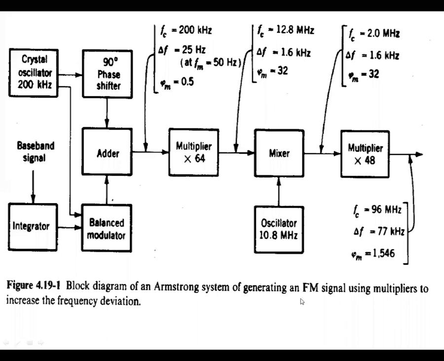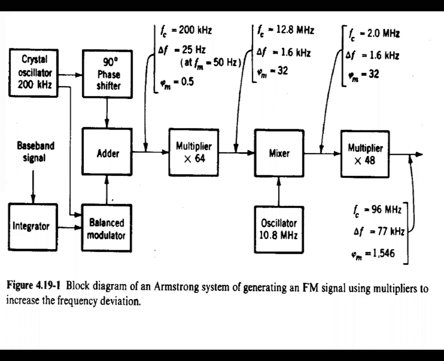That is the Armstrong system of generation of FM signal using multipliers to increase the frequency deviation. Armstrong is one of the scientists who developed the indirect method of generation. Wideband FM generation is nothing but the indirect method of generation.